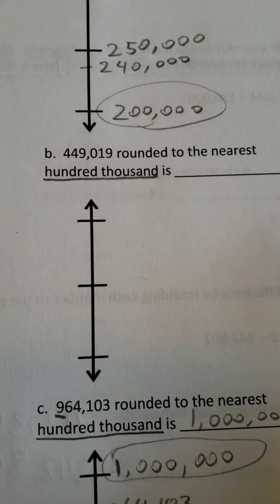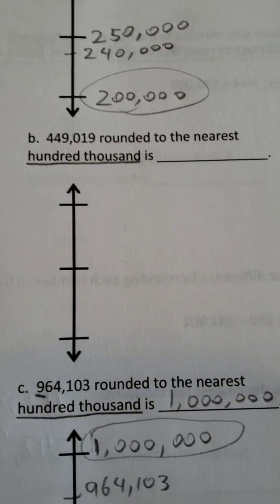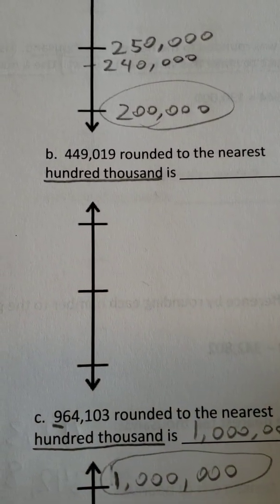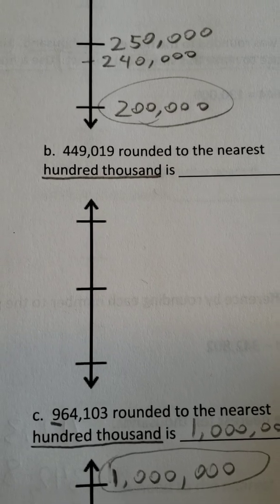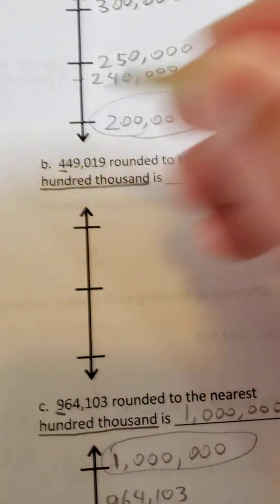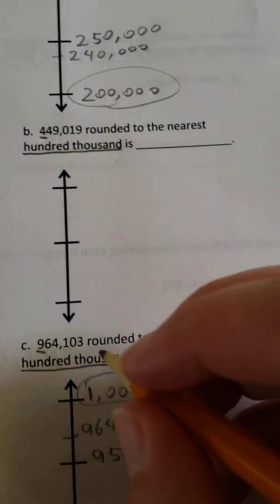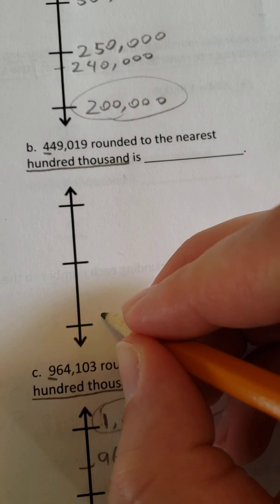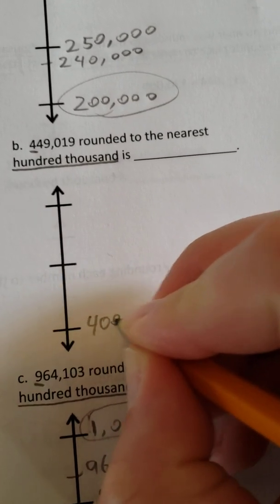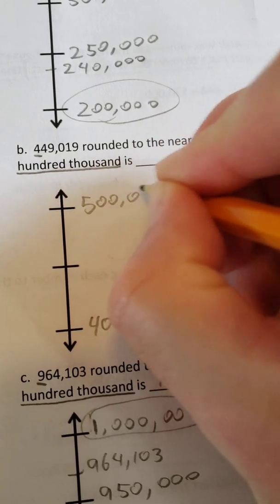Okay, let's take a look at this one. This is 2B right here. 449,019 rounded to the nearest 100,000. The 100,000 place would be this digit here, the first 4. So the 100,000 below that would be 400,000, and above that would be 500,000.